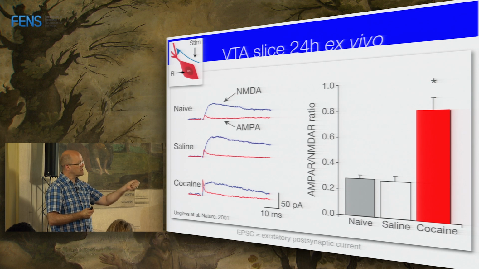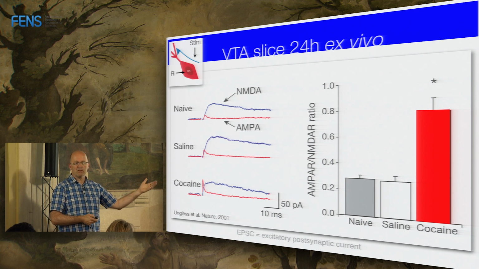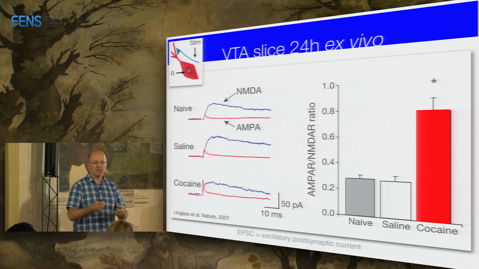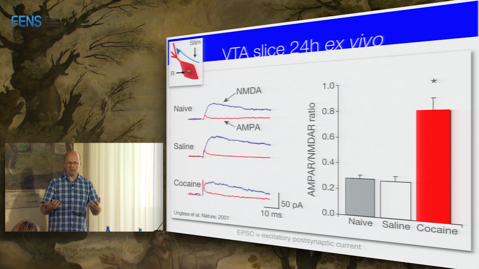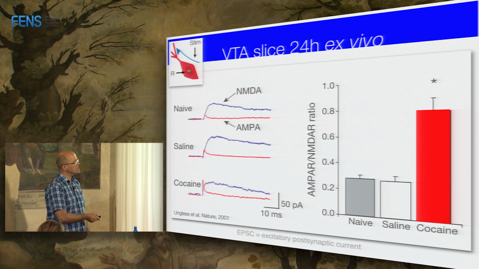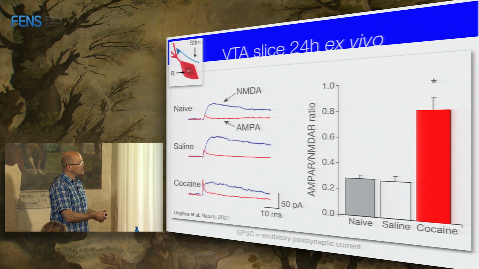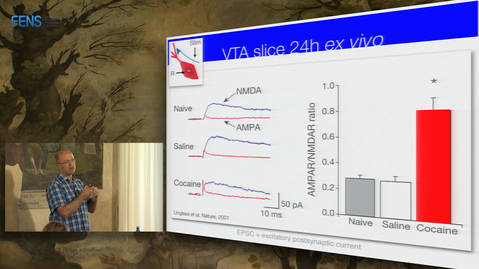Which is why, for many years, all people in the field did was the AMPA and NMDA ratio. This is the precise reason, because there's this one parameter, how many synapses you look at, how many fibers you stimulate, that cannot be controlled for, and therefore we prefer to express this as a ratio, and then we do some experiments to show that one of the terms is not changing and infer that the other is increasing.